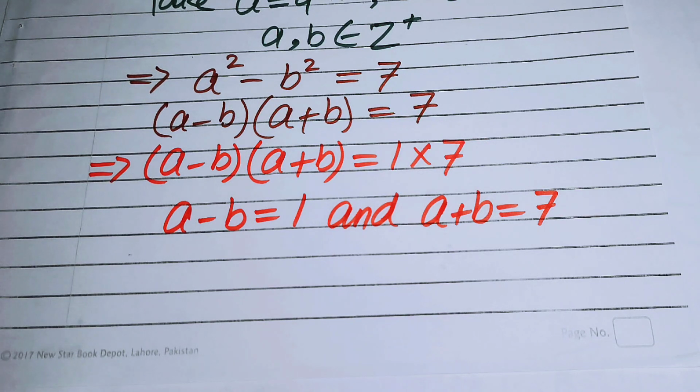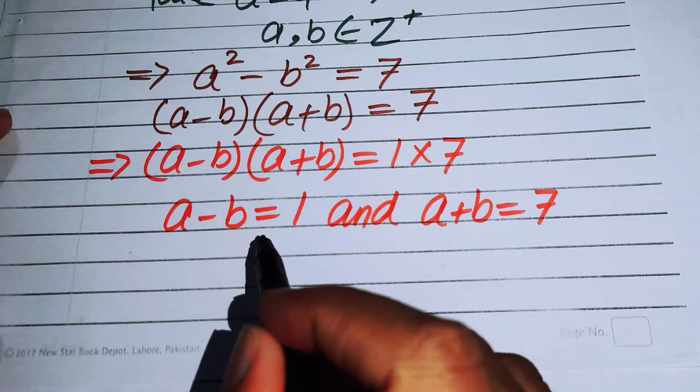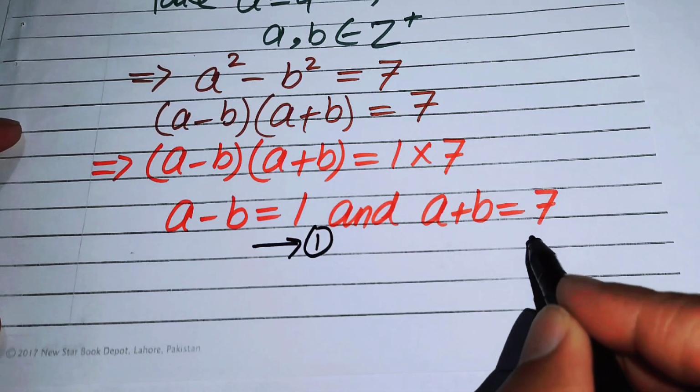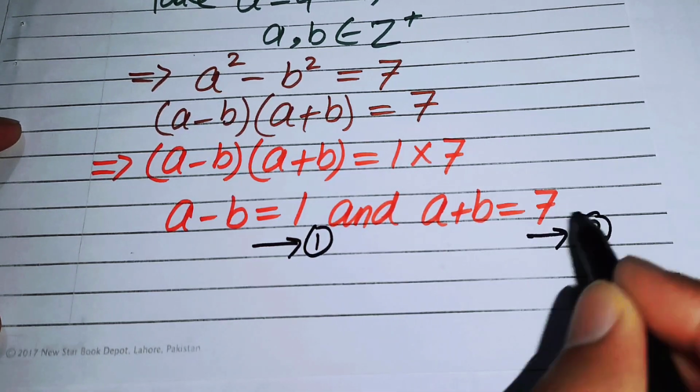So we have these two cases. Now we first solve these two cases, and we will find the values of a and b. Here I can name this as equation number 1 and this as equation number 2.